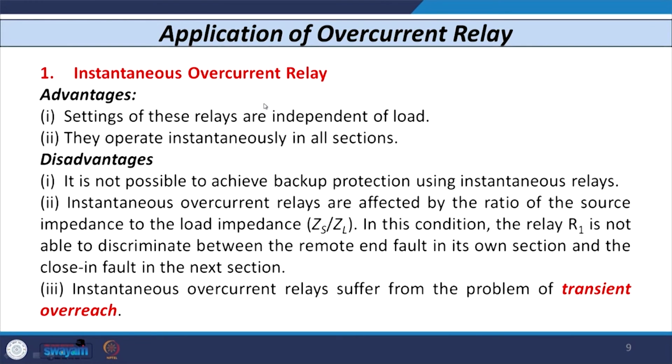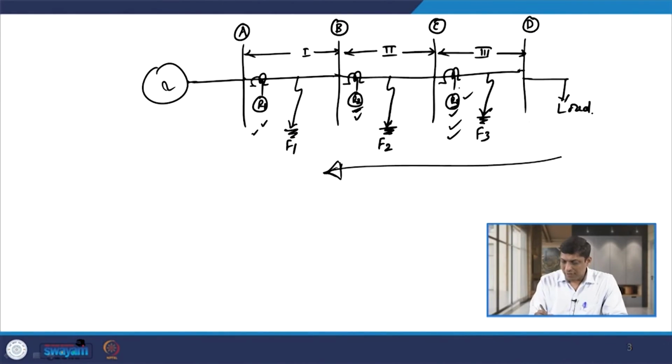Now, let us consider the disadvantages of instantaneous overcurrent relays. The first disadvantage is that it is not possible to achieve backup protection. What is the meaning? If a fault occurs in section 3, say at F3, R3 has to operate as a primary relay and it operates instantaneously. But if due to some reason R3 fails to operate, then R2 has to provide backup.